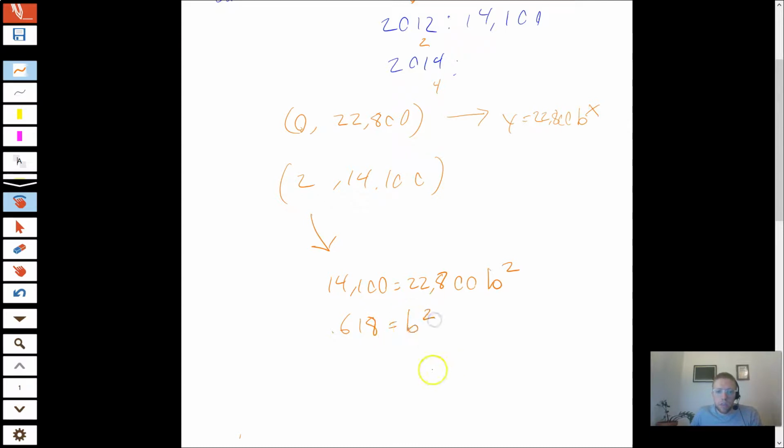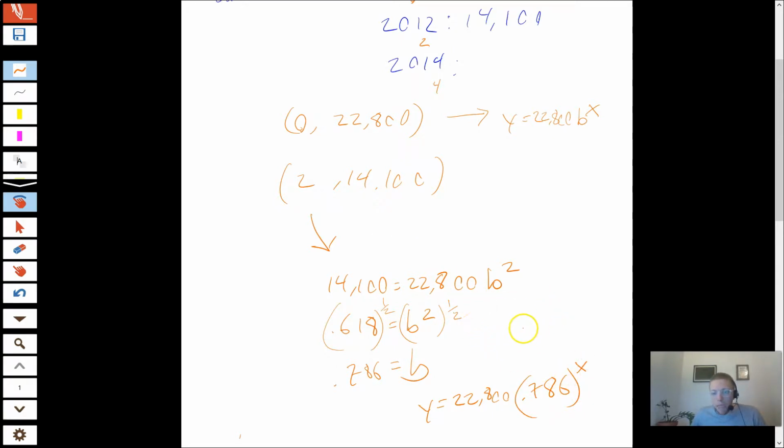And then b is equal to, when I take the square root of both sides or raise both sides to the 1/2 power, 0.786. Okay, so my whole model, plugging it all in, I get y is equal to 22,800, the price of the car, times 0.786 to the x power.